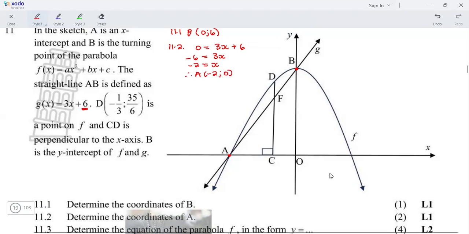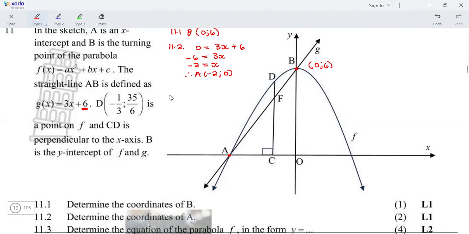All right, next question says, determine the equation of the parabola in the form of y equals. So we are going to find the equation of the parabola using the turning point format, because B is the turning point of the parabola.